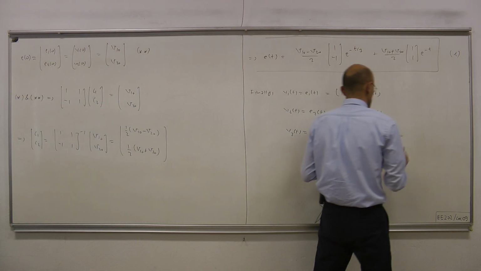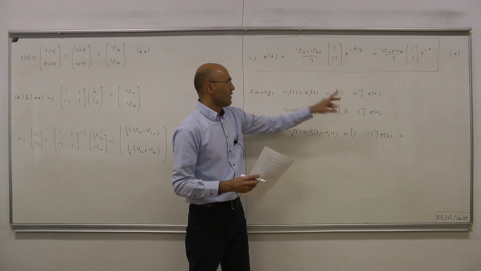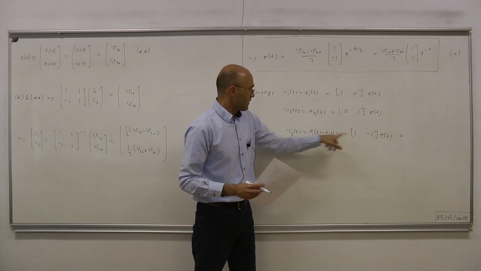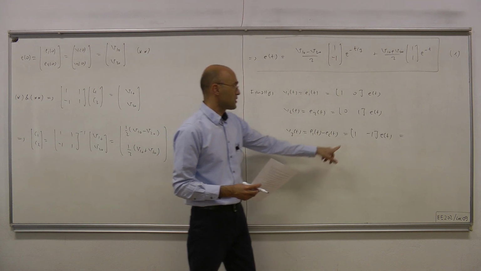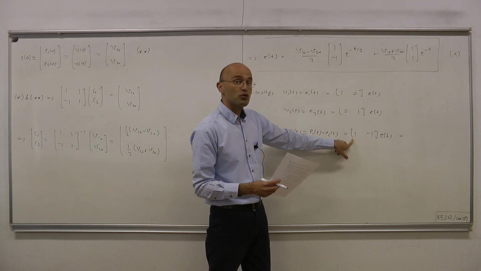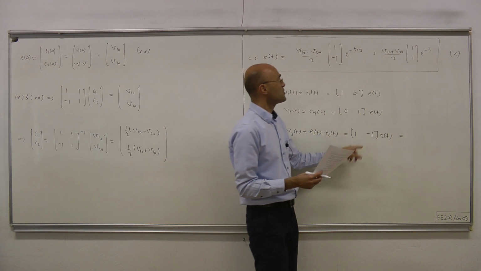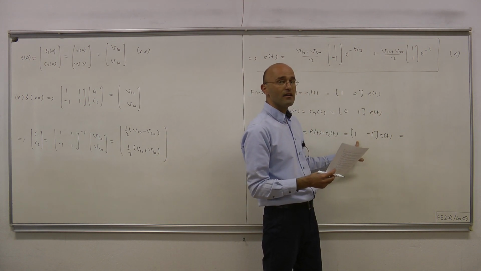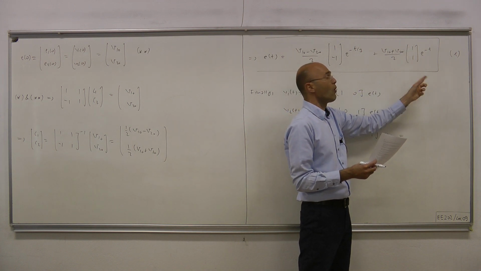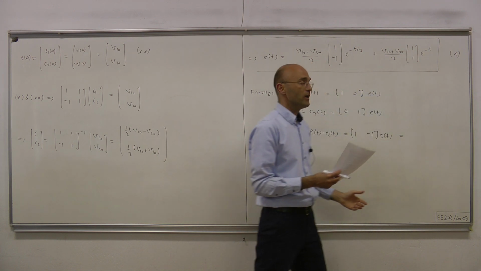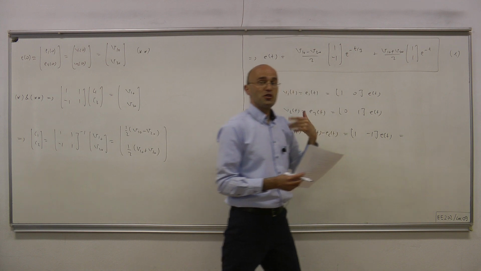And this equals what? Now, let's concentrate on the third capacitor voltage. What we're doing is multiplying this row vector, [1 -1], with this vector E of t. Since this row vector [1 -1] is orthogonal to this column vector [1 1], this times that equals 0.